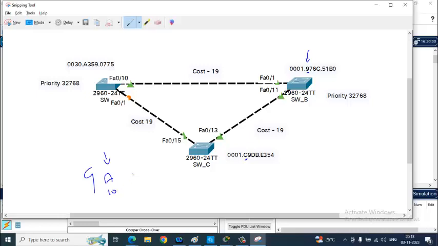If it goes like this, what will be the cost? It will be more, 19 plus 19, which is 38. It's too much. So it will make this the root port, forwarding. You understood? Because the cost going like this is cheaper.